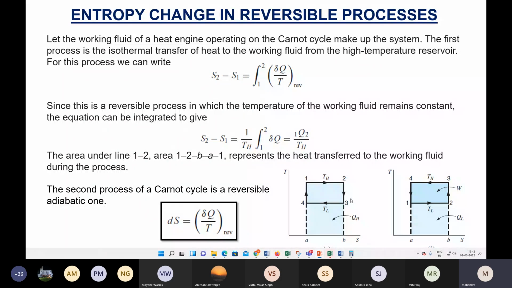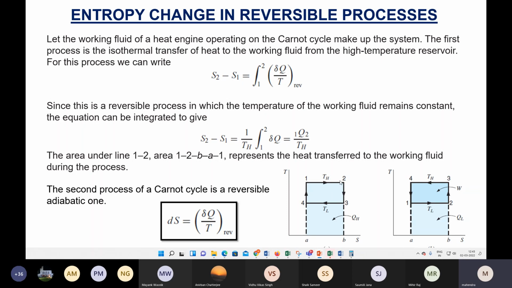Then what is the total amount of heat supplied, QH? It is the area below 1-2. The area below 4-3 is heat rejected. Whatever remains is your work output. We have defined this in terms of areas.